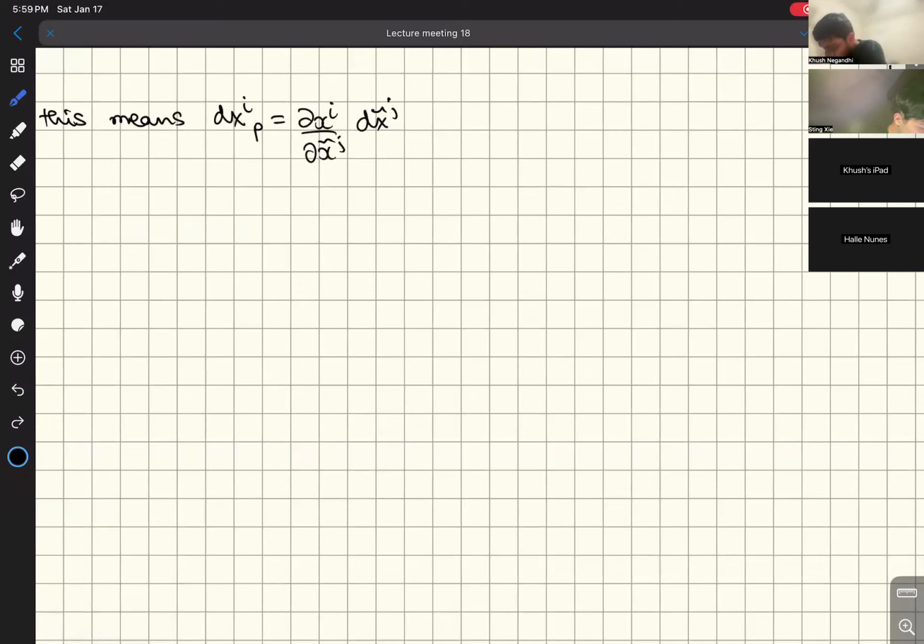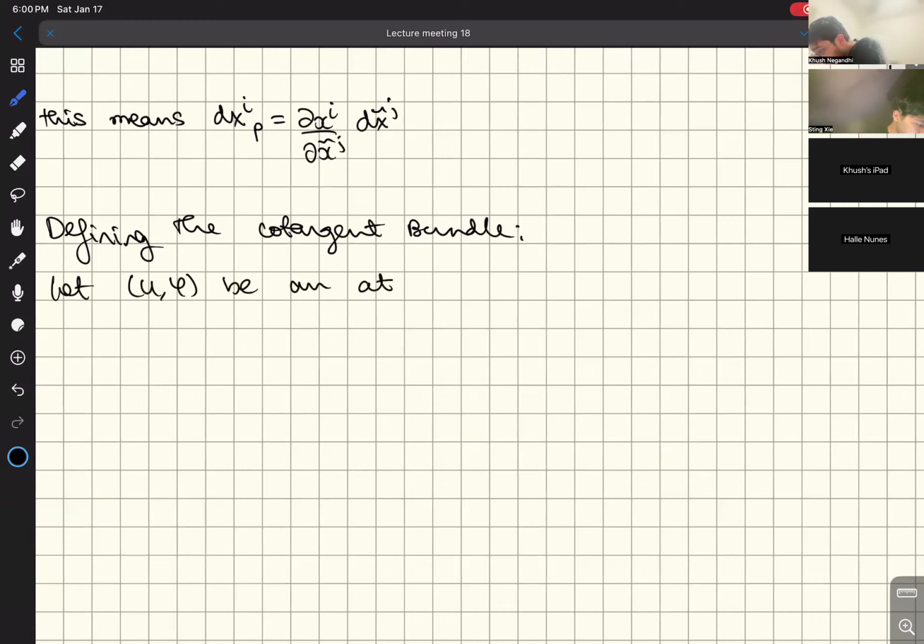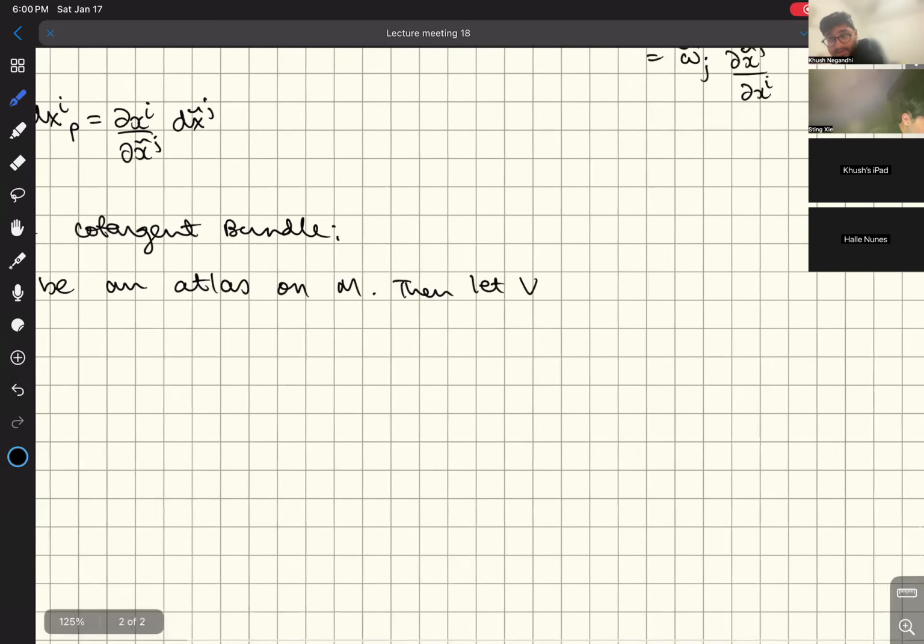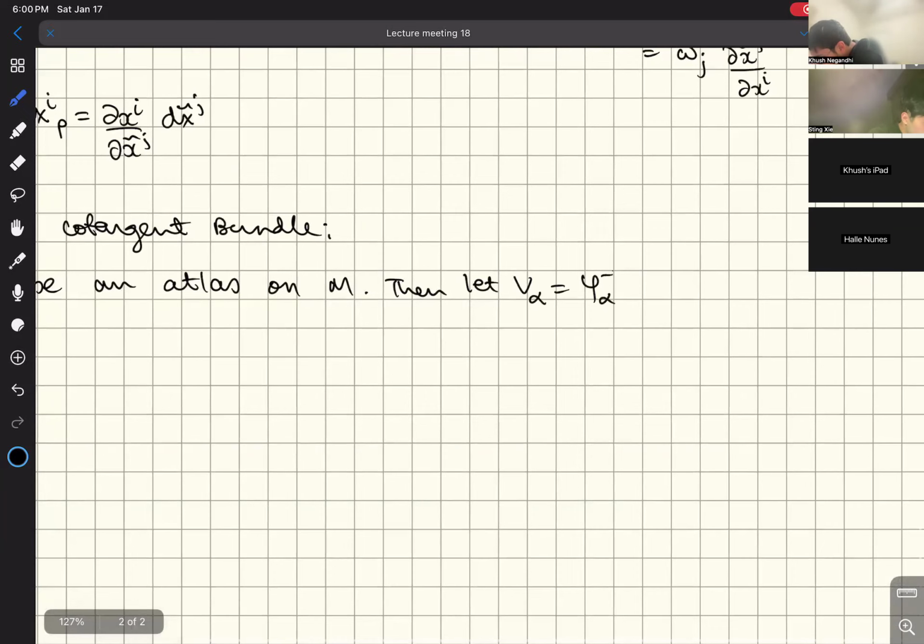So now I'll call this defining the cotangent bundle. Okay. So let (U, phi) be an atlas on M. Then let V alpha just be phi alpha inverse of U alpha.